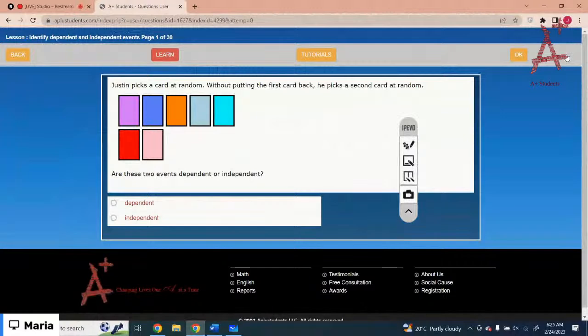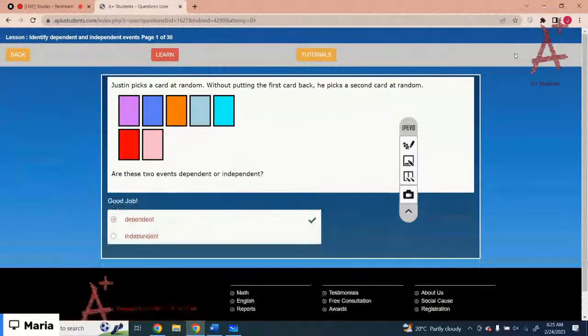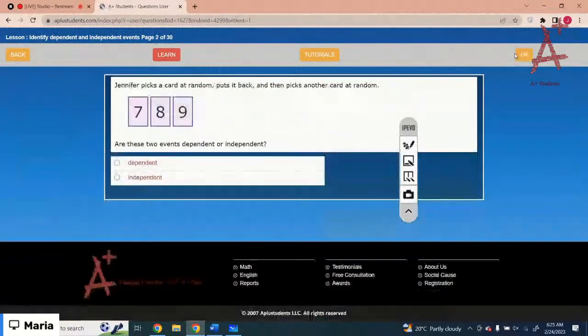Got it? That means the events are dependent. The first time he can select any card, but the second time he has one less card, because he already selected one and didn't put it back. So the events are dependent. Got it?